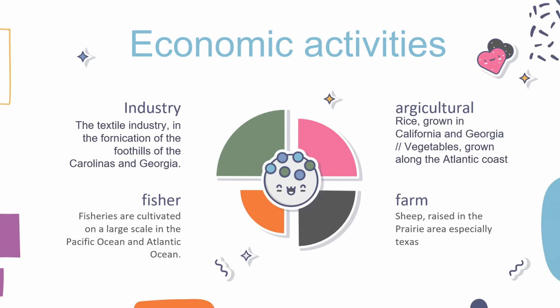Farm: the types of livestock cultivated include sheep raised in the prairie area, especially in Texas. Industry: the textile industry in the foothills of the Carolinas and Georgia. Fishery: fisheries are cultivated on a large scale in the Pacific Ocean and Atlantic Ocean.